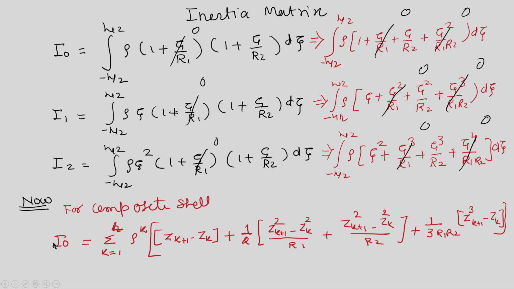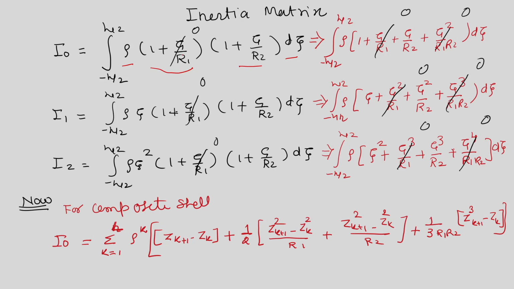Now, the inertia matrix, the definition of I0. I0 is the integral from minus h by 2 to plus h by 2 of rho times (1 plus zeta by r1) times (1 plus zeta by r2) d zeta. For the present case, in the first direction, radius r1 is infinity, so this term will not contribute.